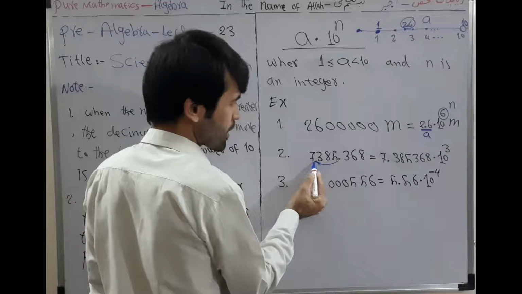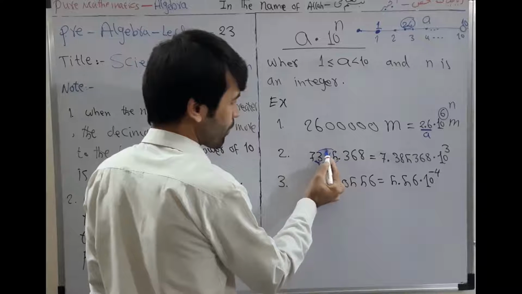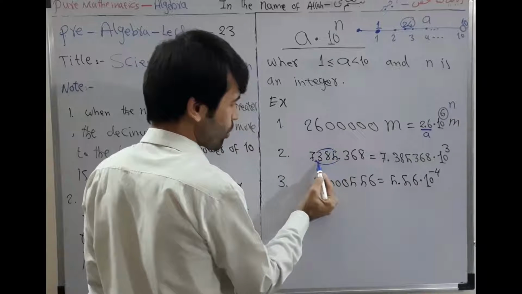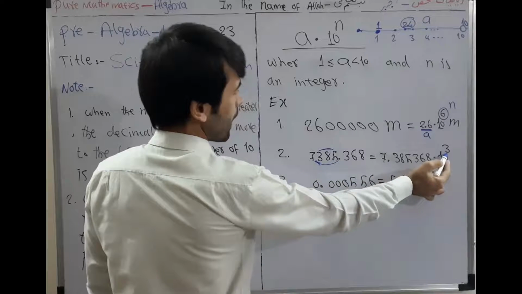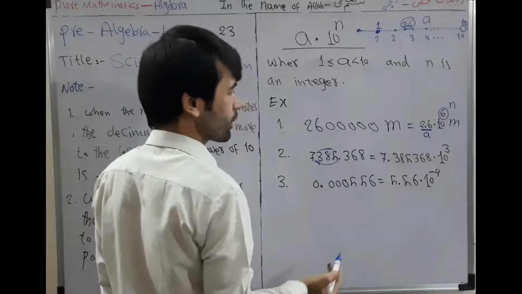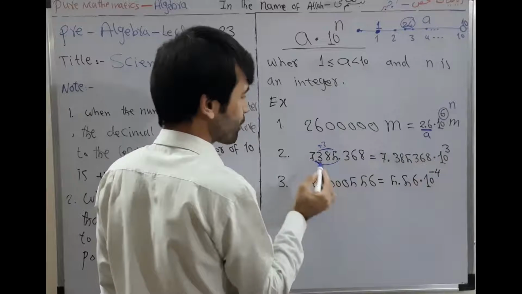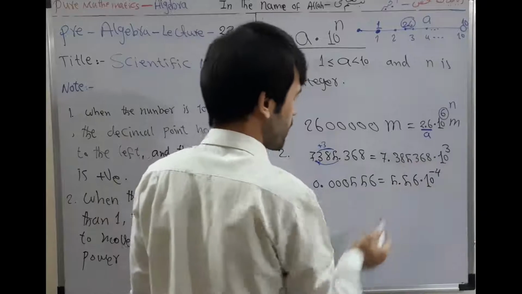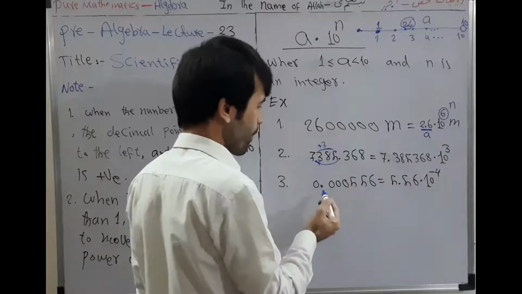How many digits did it move to the left? 1, 2, 3. The power of 10 will be positive 3. We don't write the sign because it is positive.